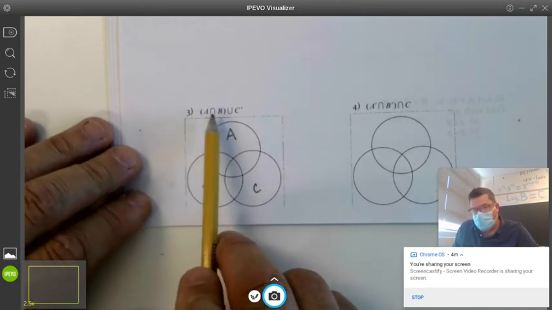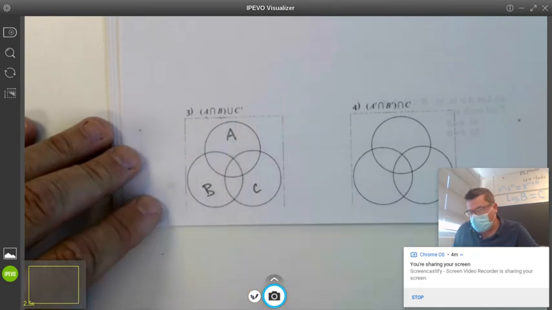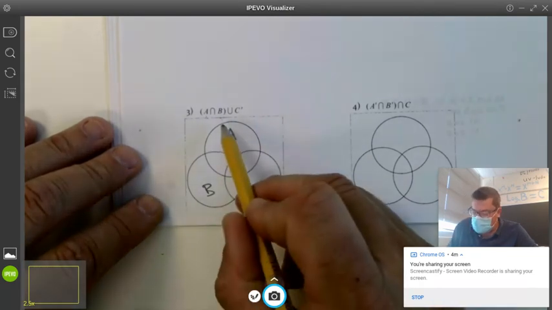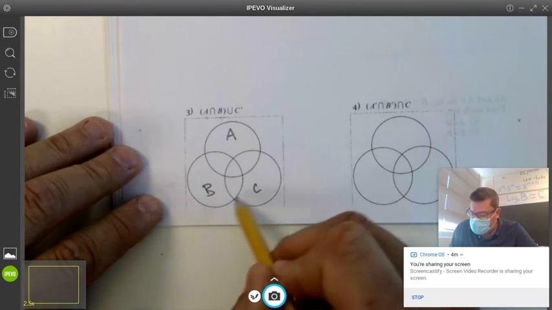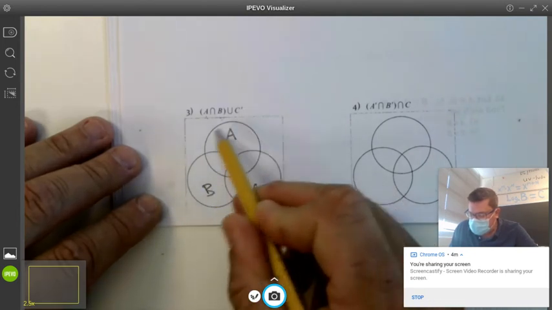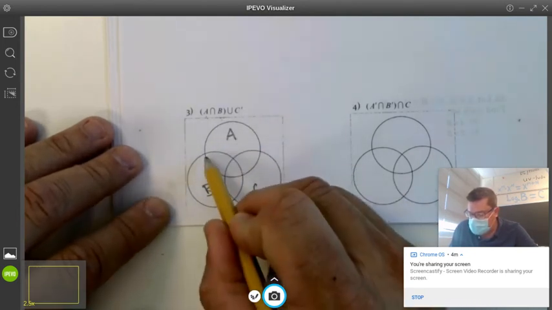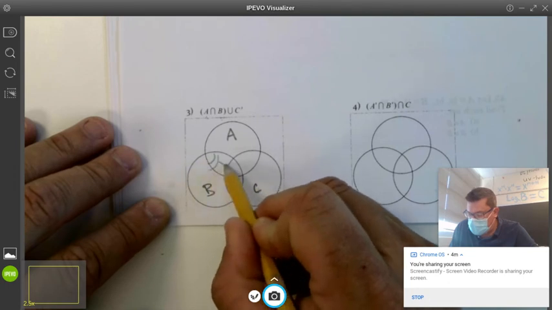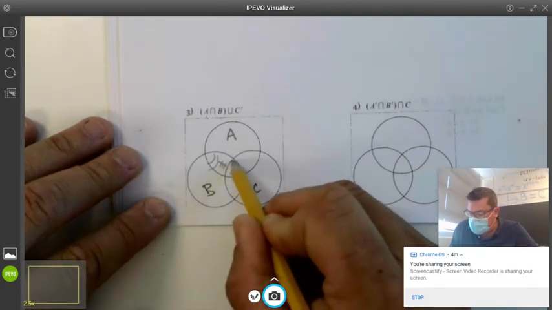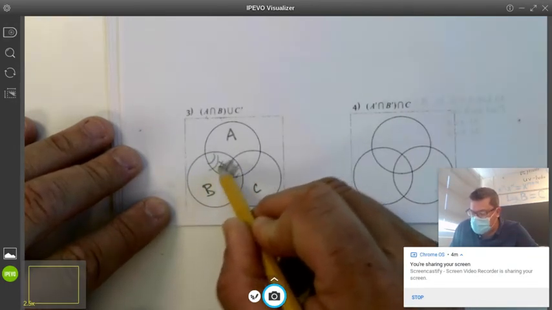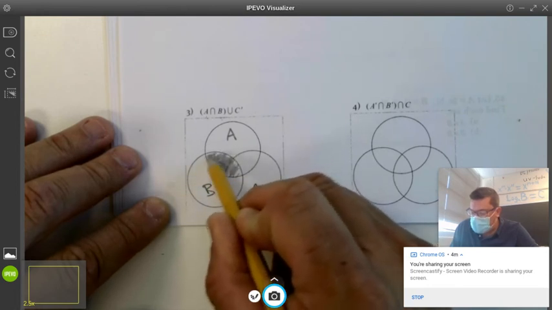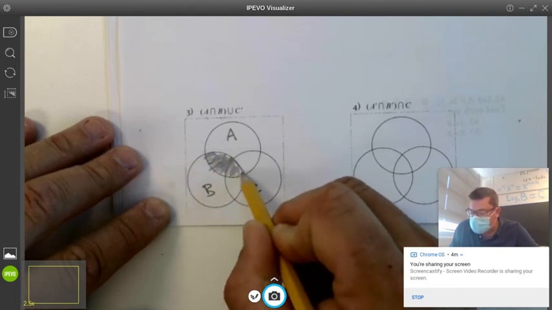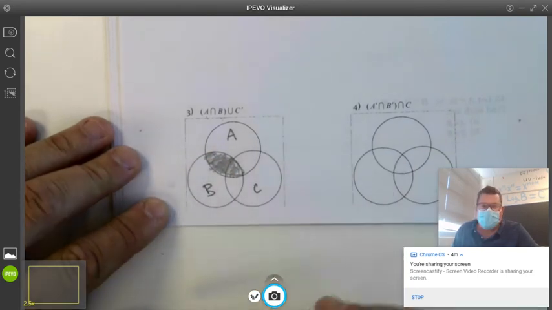What shape is the overlappage part for A and B? Where does circle A overlap with circle B? It's shaped like a football. So we're going to shade everything in here. That's the overlappage of A and B, the intersection of A and B.